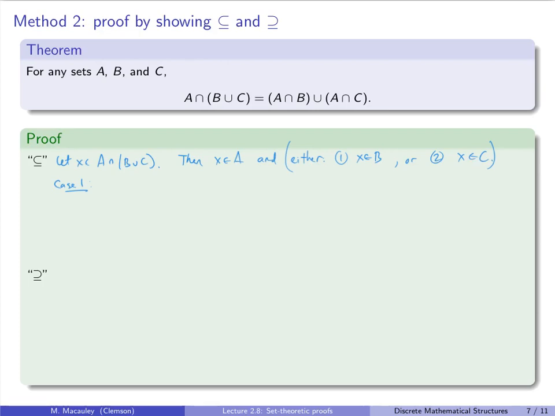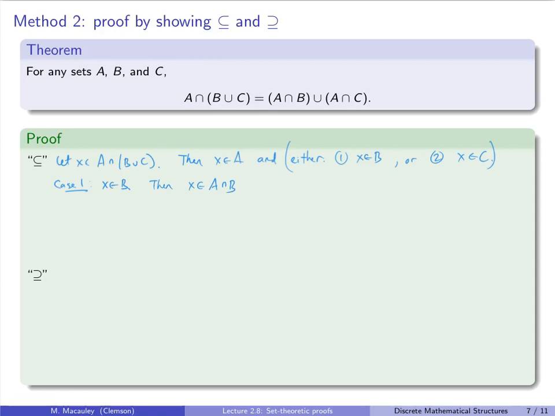X is in B or X is in C. So case 1 is when X is in B. In that case, since X is already in A, X is in A intersect B.